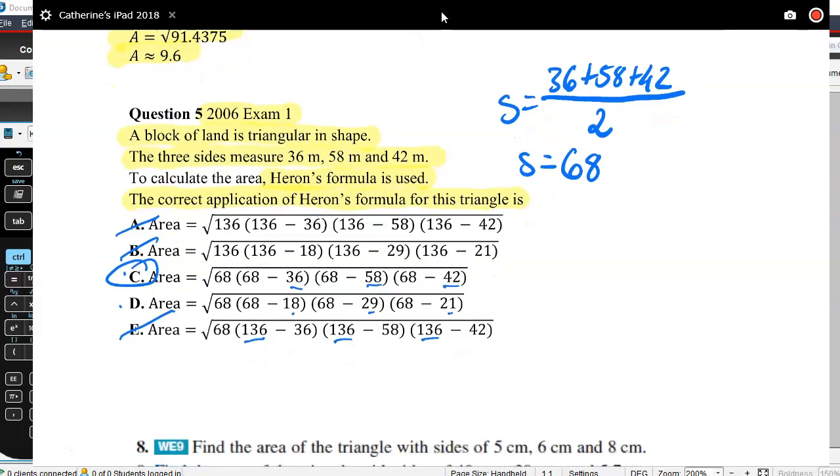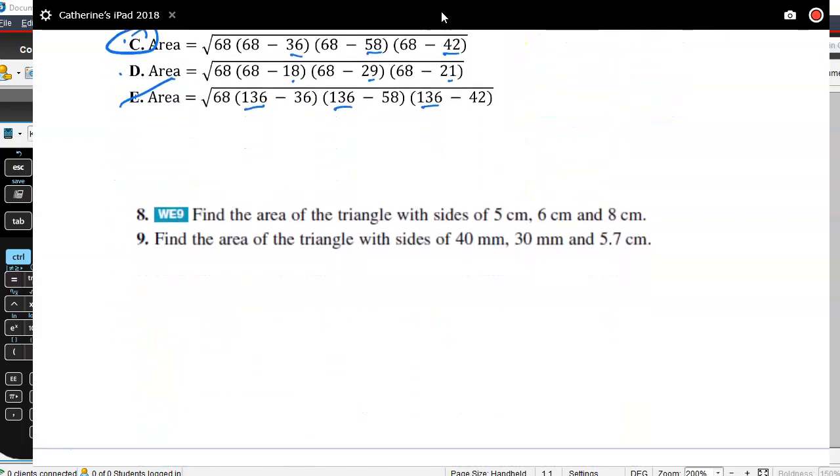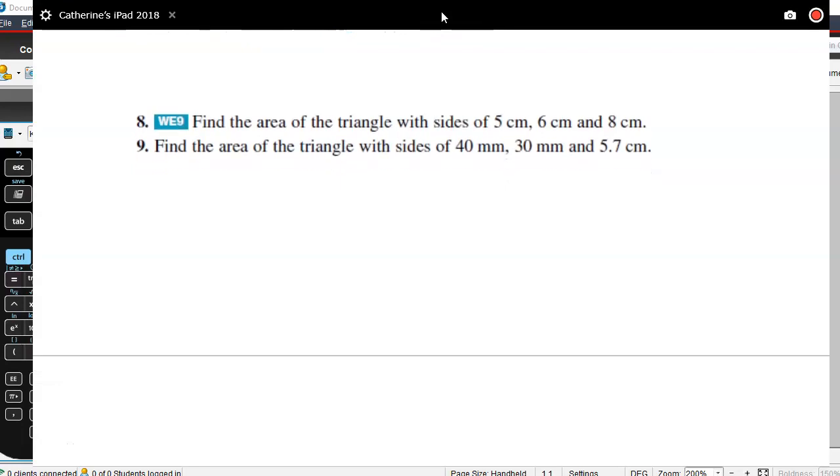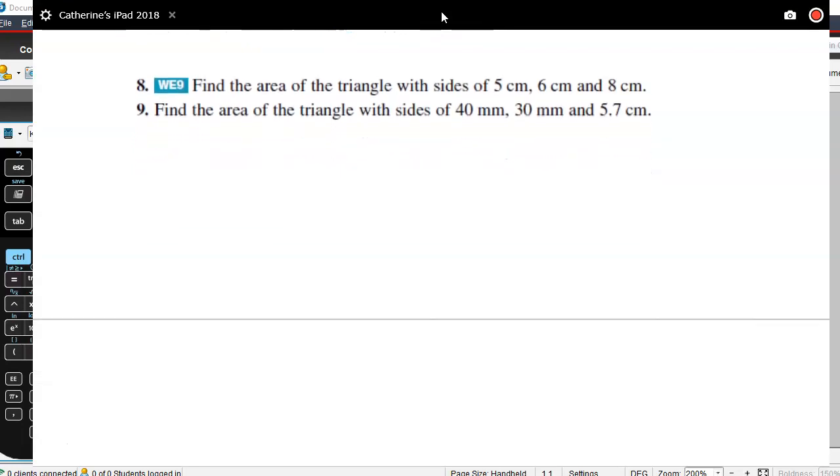Okay, so let's do one from the textbook. Let's do question 9. Find the area of the triangle with sides of 40 millimetres, 30 millimetres and 5.7 centimetres.